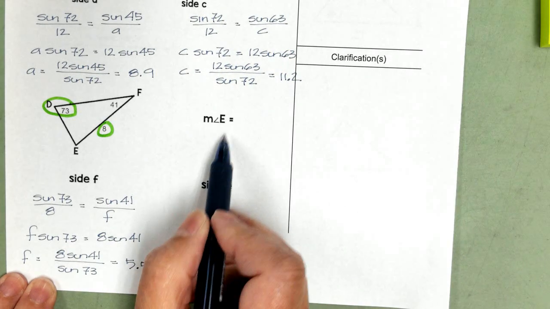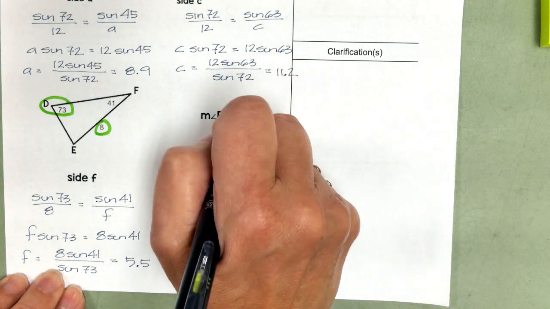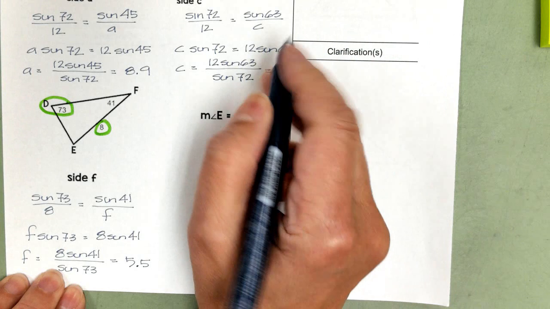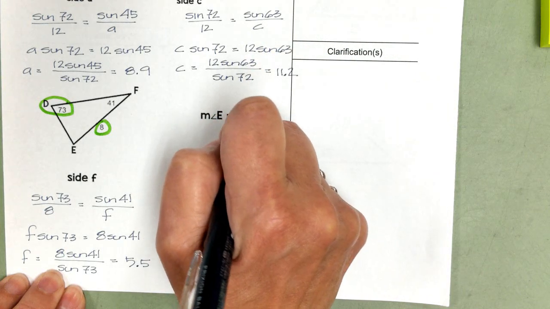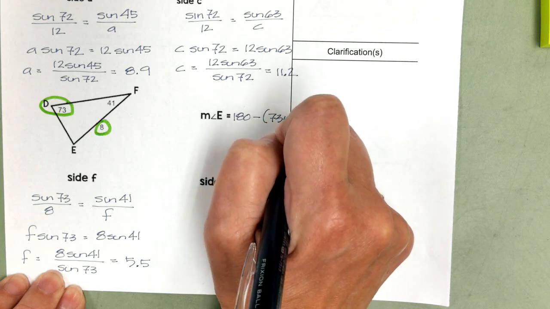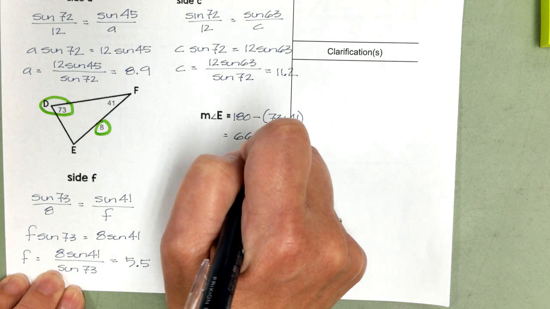To find the length of side e, we first have to find the measurement of angle E, which will be equal to 180 minus 73 plus 41, which gives us 66 degrees.